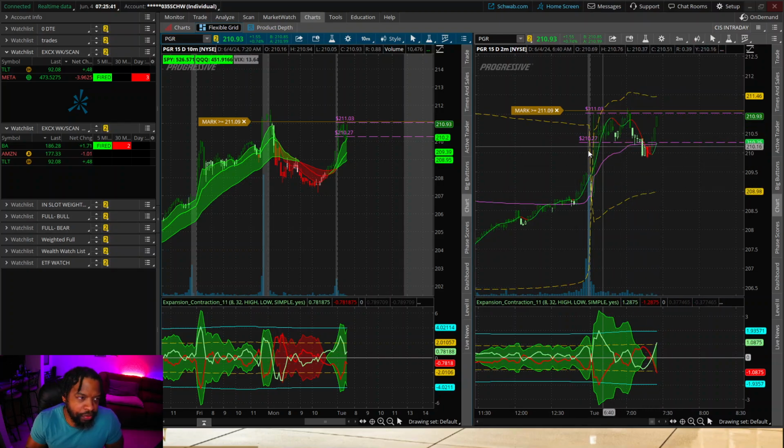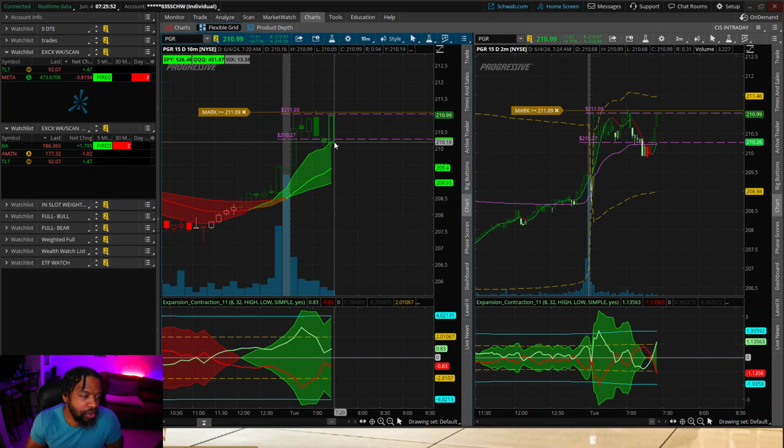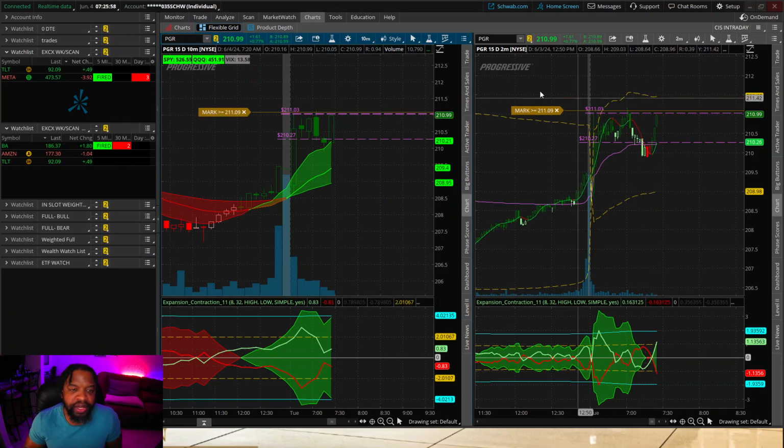Oh, excuse me, there was a play here. As it pulled back into here and broke back out, that was a play to the upside inside the rotation. Then you take some off at the top. Be a nice juicy little scalp, but that was your play right here if you were going to take the Progressive. I've got Lynn pulled up.